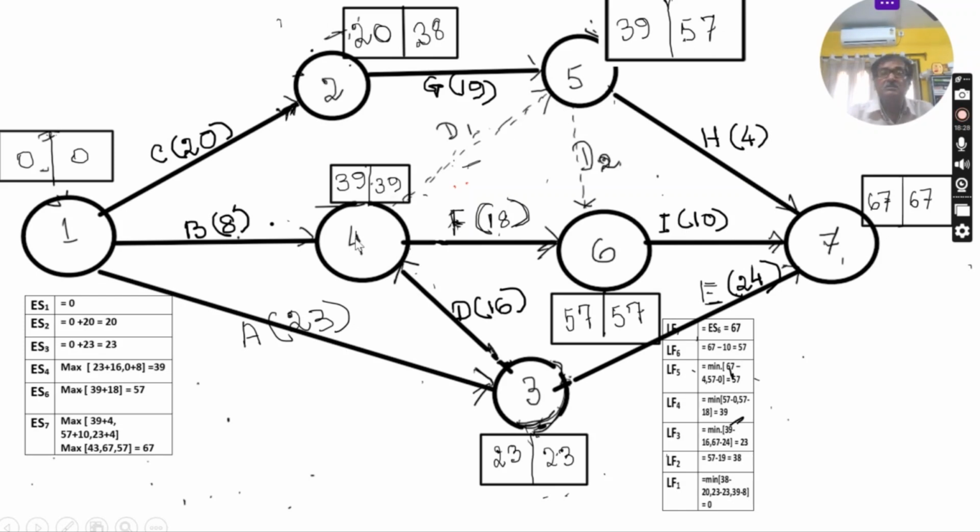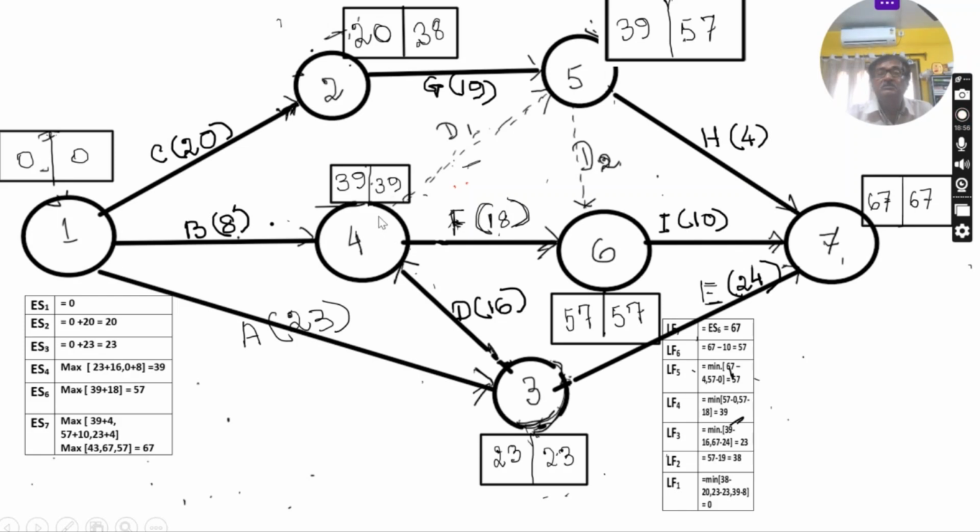Now next is 4. Which activities are emanating from this node? 4, 5 and 4, 6, 2 nodes. So these two activities are coming out from here. You must complete all these activities.